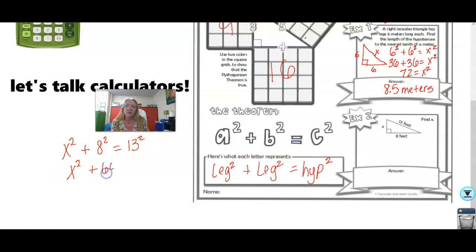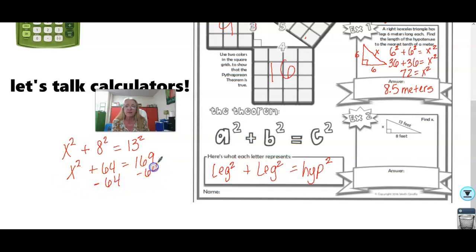8 squared is 64. And 13 squared, I believe I know off the top of my head, I think it's 169, but let me make sure, just because I screw up when I do things like that. Yes, 169 is right. Okay. Then, in order to get x by itself, we have to treat this like an equation that we're solving for x.